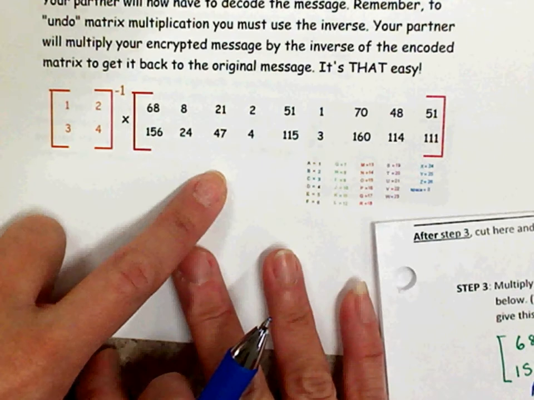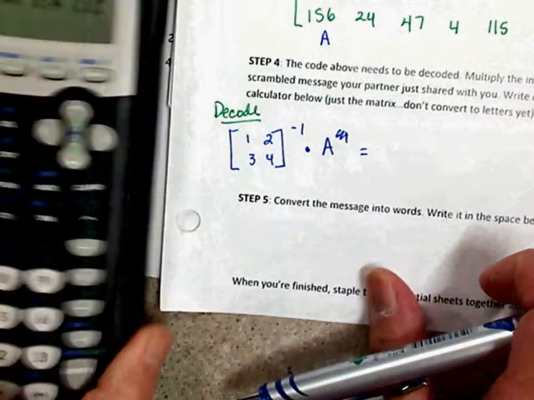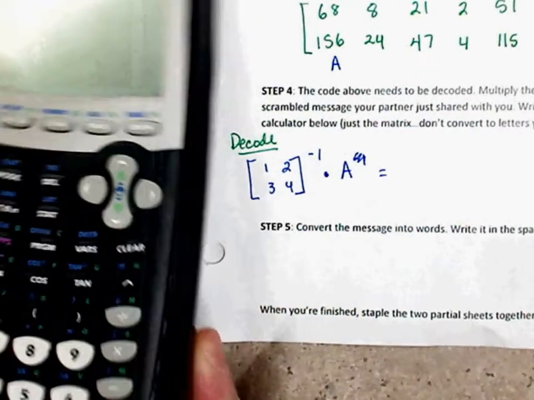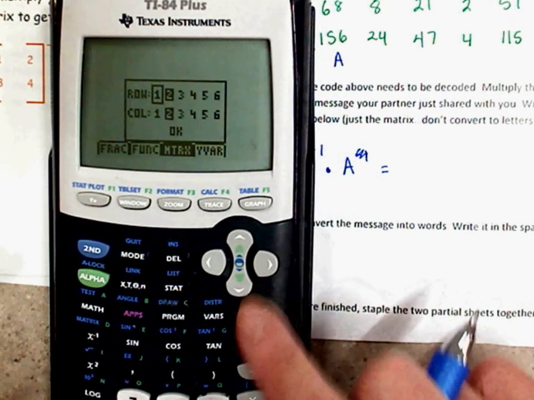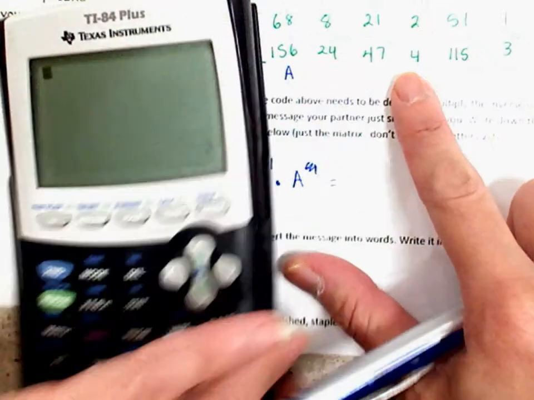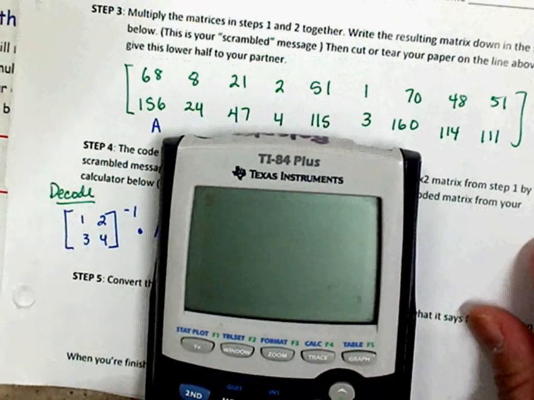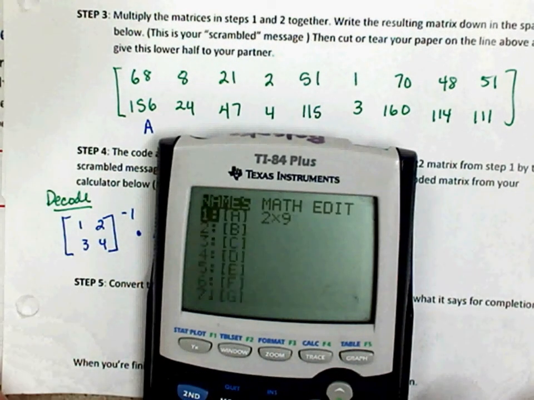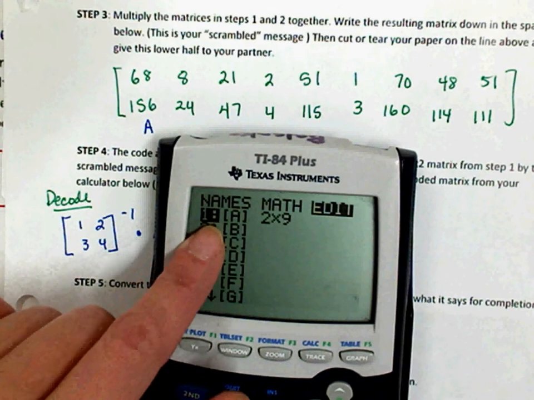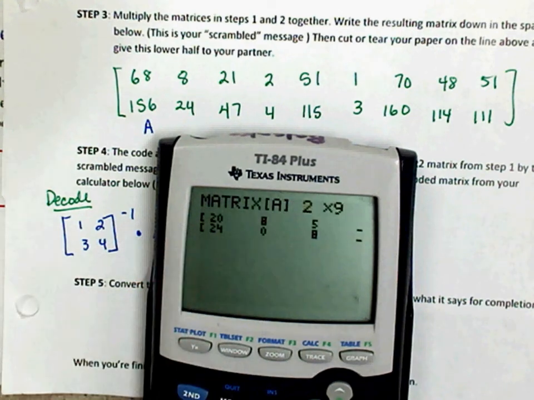Here we go. Let me clear this so the calculator starts fresh. Alpha zoom. Oh, wait. We have to go and enter all this number right here. See that? So to do that, we have to go to enter our information. So second matrix, right click over to edit. I'm going to keep it at 1 because I'm done with that. And it's still a 2 by 9, and I'm going to enter this information.